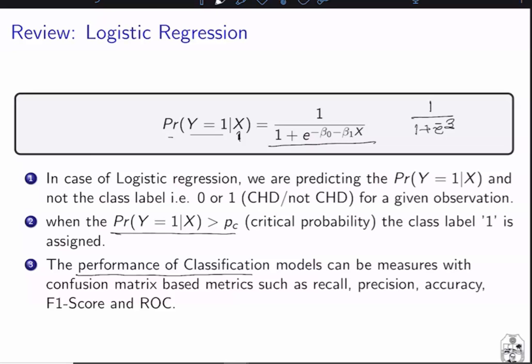The performance metrics that we studied in our previous lecture were recall, precision, accuracy, fourth the F1 score, and fifth the ROC. So these are the 5 different performance metrics typically used to evaluate any classification algorithm.